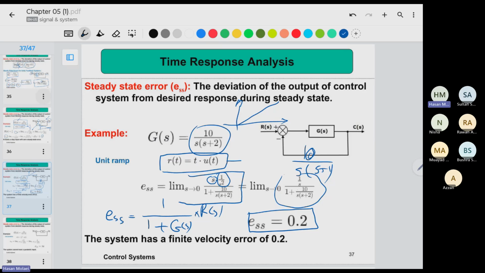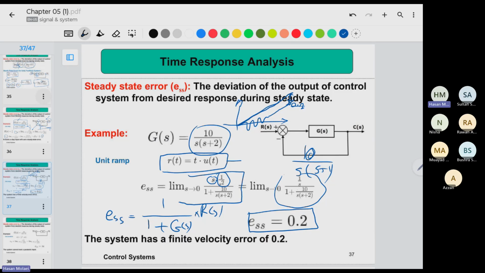Exactly. Yes. So the input is constantly increasing. The output in the long term, we don't care now about how it initially changes, but the output is following with a certain value of error, which is 0.2 here. Always like 0.2 times the input, right?